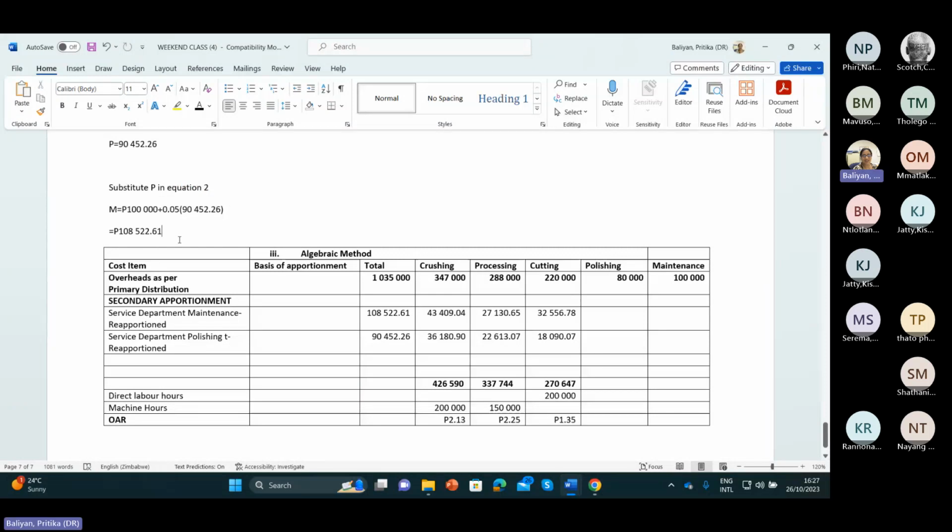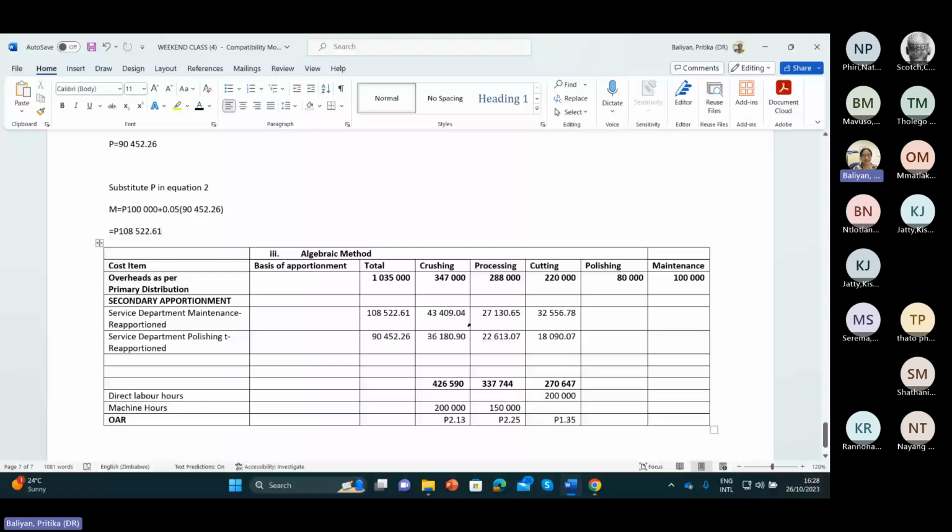Now, once you get the total, we are going to use the percentages of the departments to apportion the cost among the three departments. First of all, you can start with either polishing or maintenance. Let's start with the maintenance department.